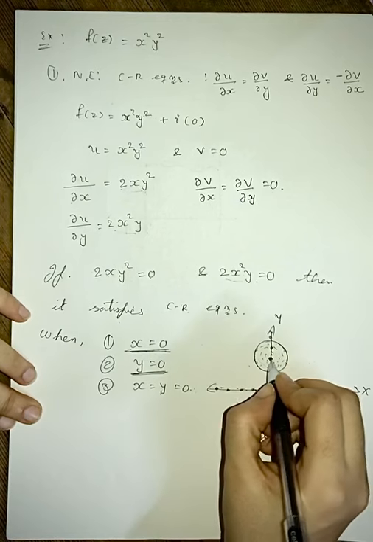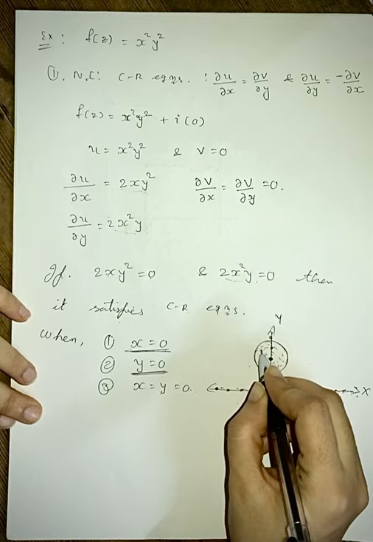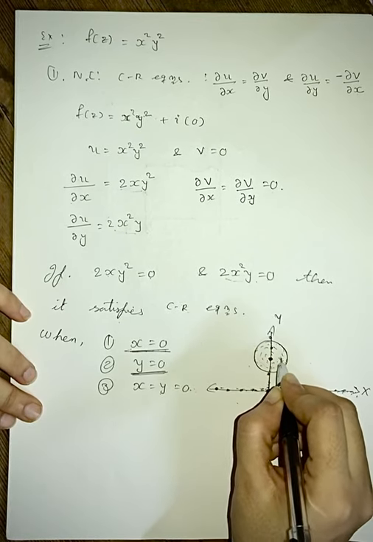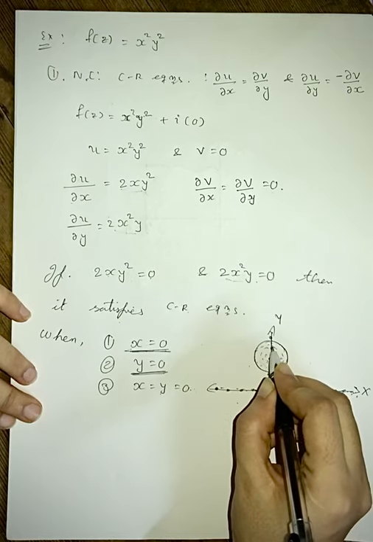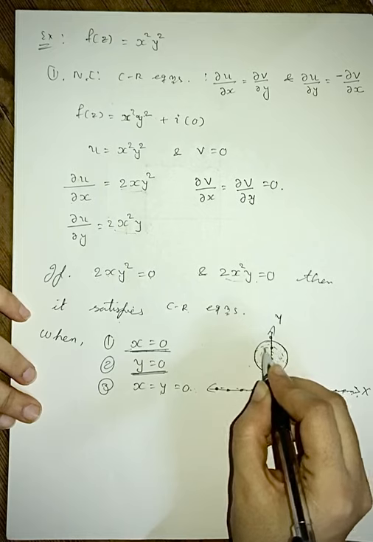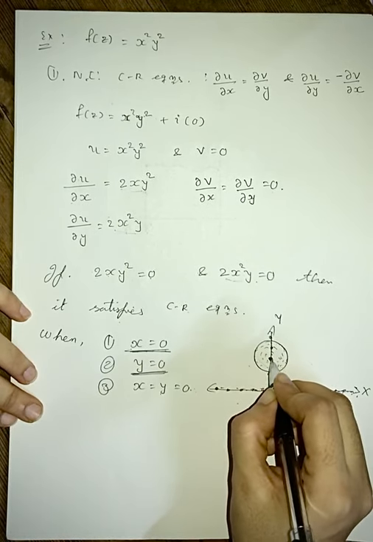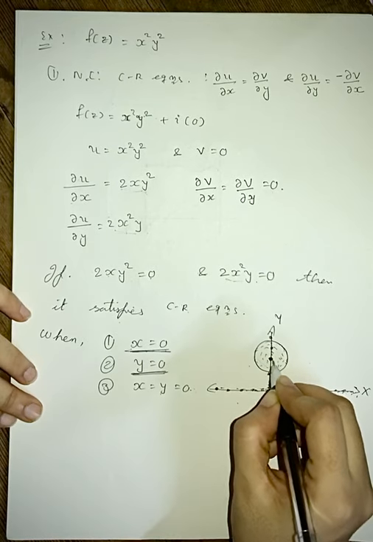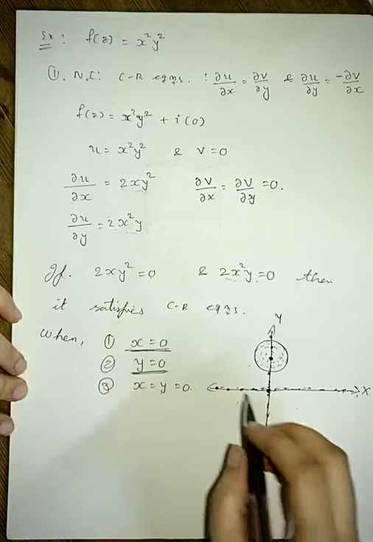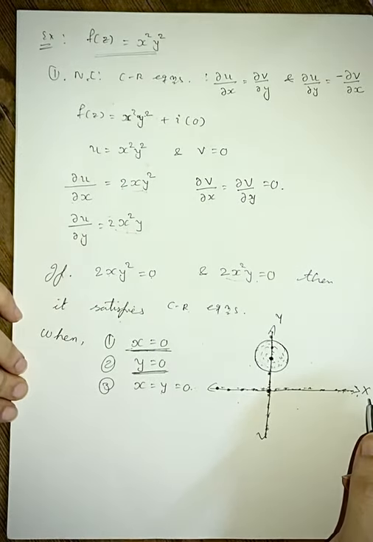That means as soon as I go out of the coordinate axis in the neighborhood, I will not find the points at which the CR relations hold true, and therefore the function is not differentiable and it is not analytic in the other points in the neighborhood, and therefore the function is not analytic at the particular point also. So all in all, this function also is not an analytic function.